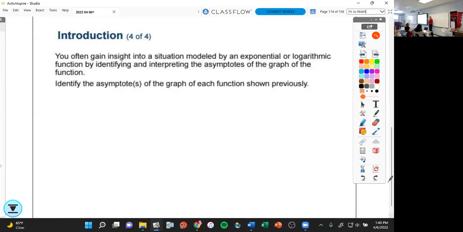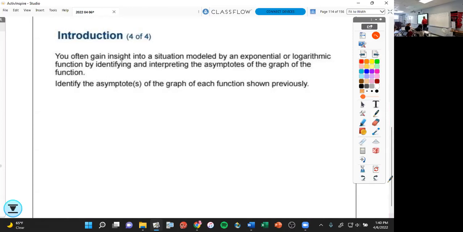Horizontal asymptote or a slant asymptote can be crossed, can be touched. In fact, it could be touched and crossed infinitely many times. But as x goes to negative infinity or x goes to positive infinity, the graph will get closer and closer and closer to that asymptote.